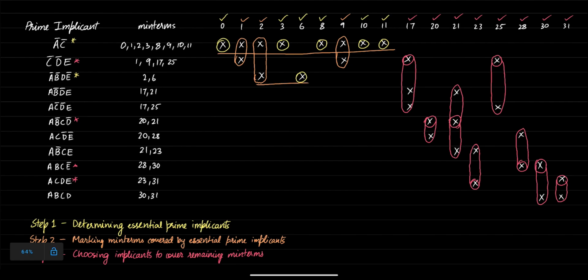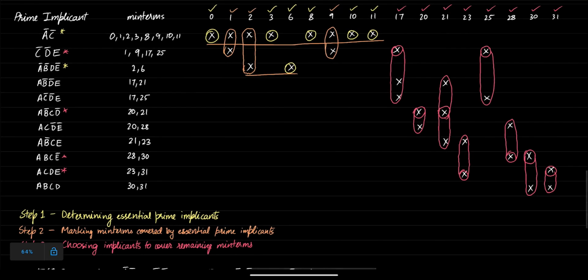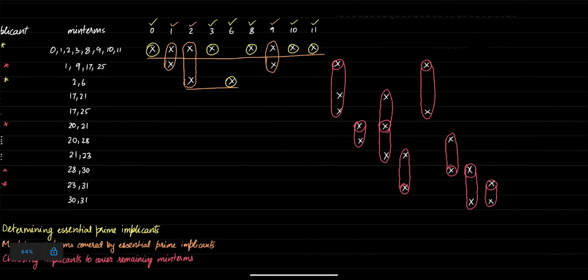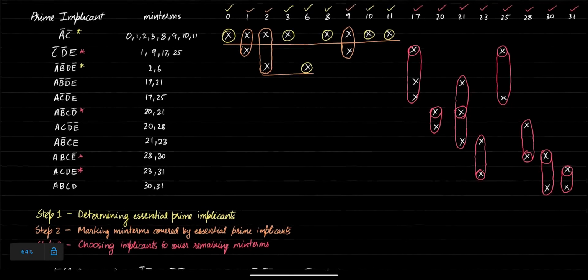Then we mark all of the minterms covered as a consequence of selecting the prime implicants. And finally, we choose the remaining implicants to cover the minterms that haven't been covered yet. So in this case, the remaining minterms that are all on this side have to be covered by the fewest possible prime implicants.